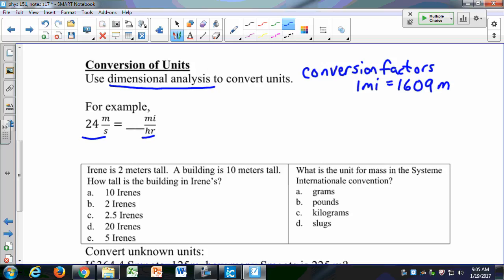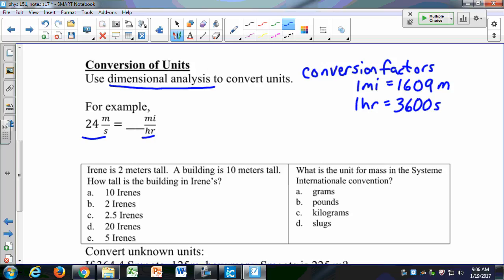So 1609 meters, and an hour is equal to, let's see, there are 60 seconds in a minute, there are 60 minutes in an hour, so that's how many seconds? 3,600. Yeah, so 1 hour is 3,600 seconds.